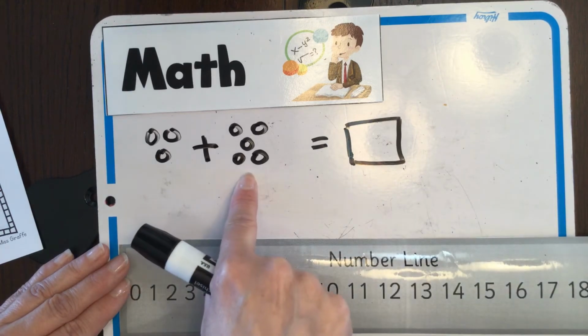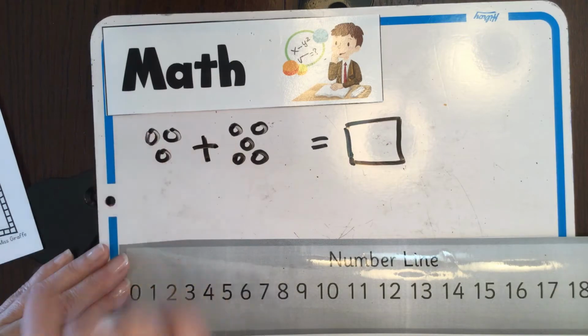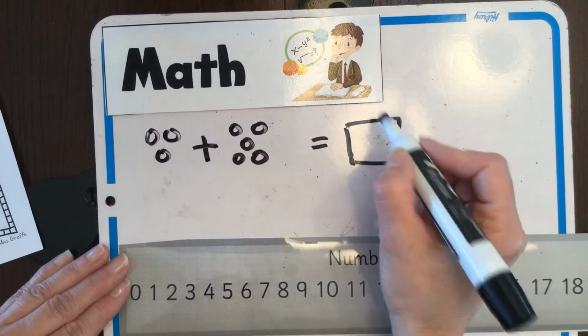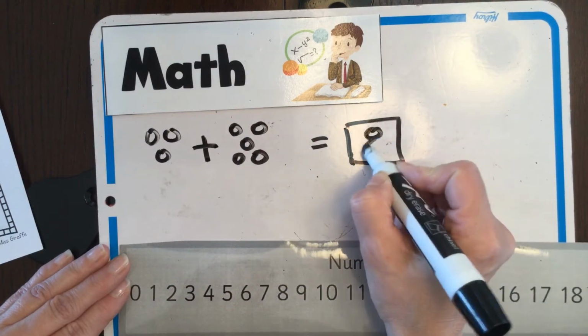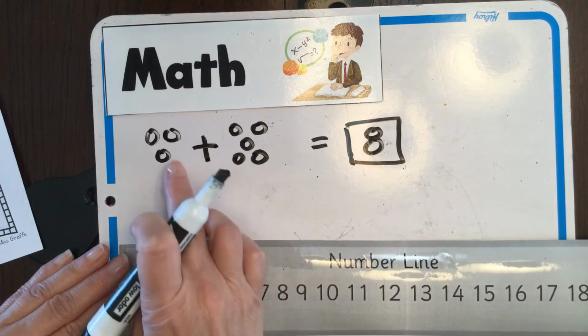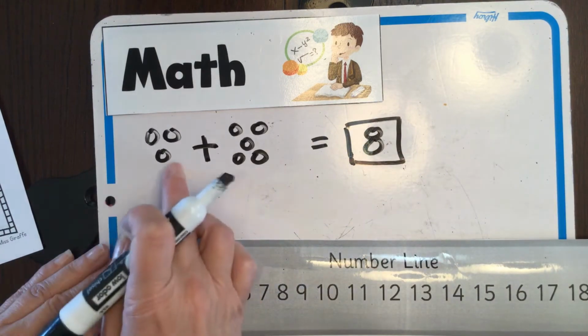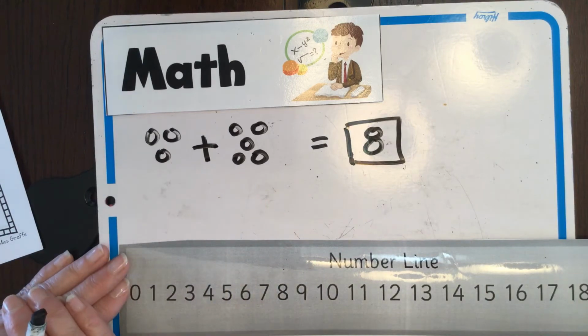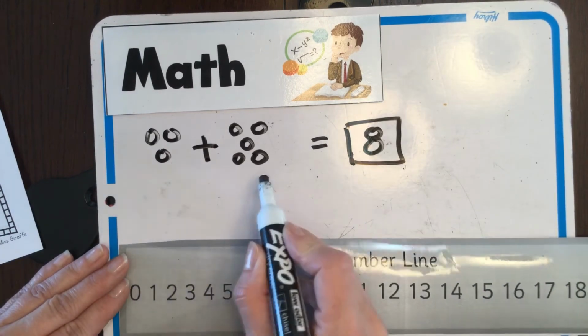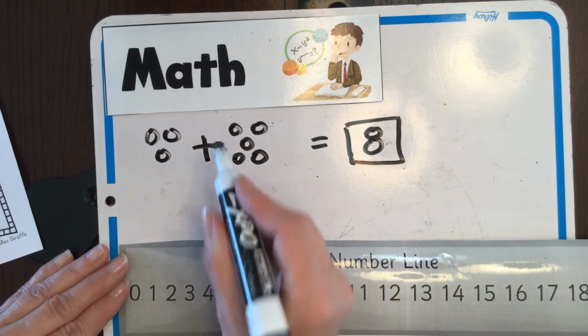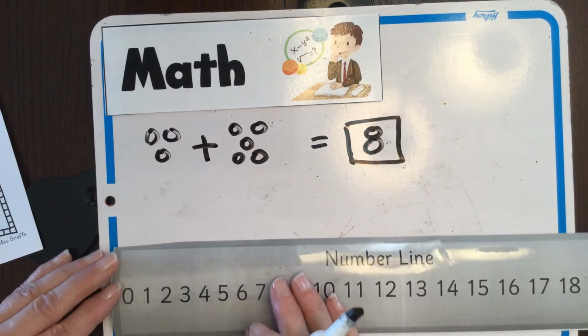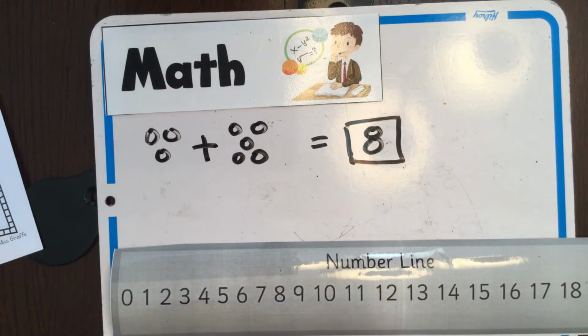I can count on from 5, 6, 7, 8 to find the answer. Or I can count all of those, or I might know that answer right in my head because I can see if I had 2 more dots here, it would be a 10. So 10 with 2 dots missing in a 10 frame means I have 8. So I drew my picture and I solved my equation. I determined whether or not the answer was going to be addition or subtraction.